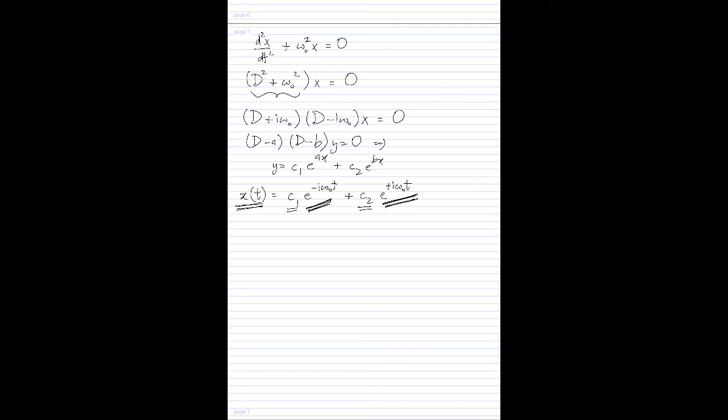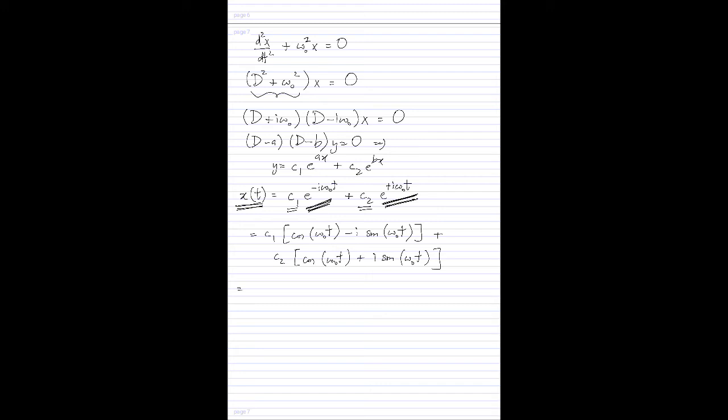So first of all, let me use the Euler identity to expand this. So you have c1 times cosine of omega naught t minus i sine of omega naught t, plus c2 times cosine of omega naught t plus i sine of omega naught t.